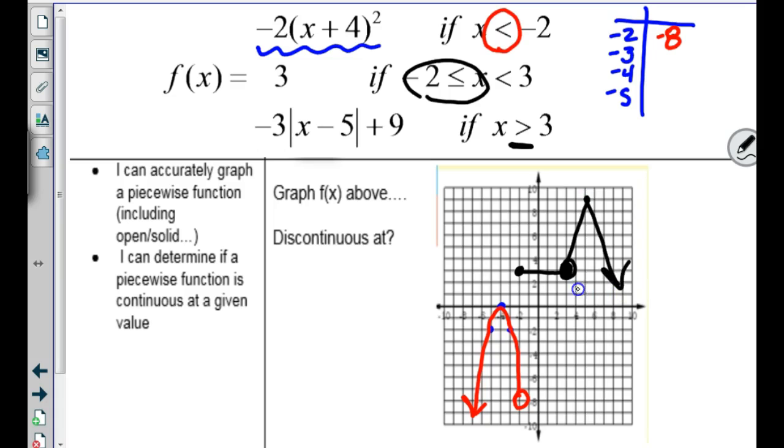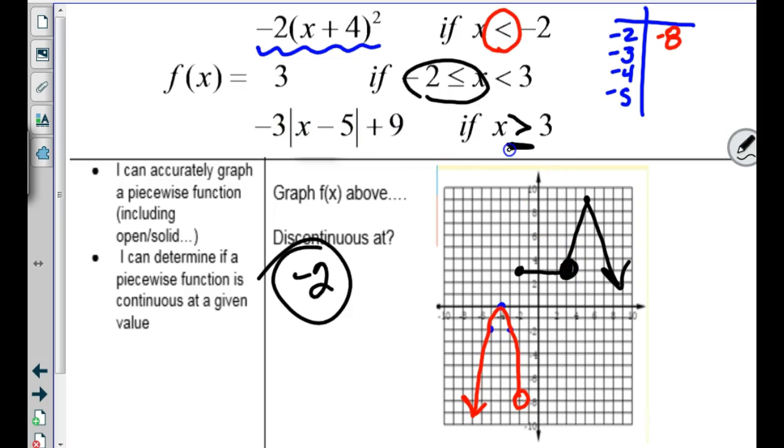Okay, my question is, where is it discontinuous? What x value did it do a jump? They weren't touching. -2, okay? And this, you need to fix. It should be an or equal to. I think on the quiz, there's only one spot where it is discontinuous. If this was an open circle at 3, but then this one, when you put in a 3 here, you get -6 plus 9 is 3.